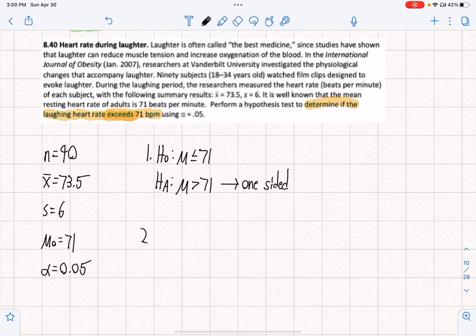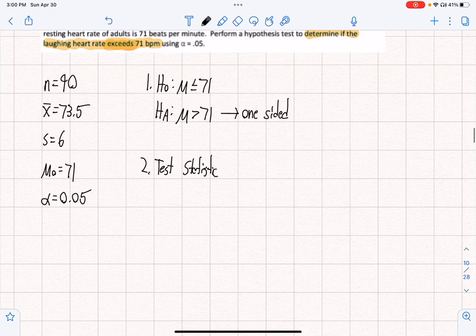Okay, 2, we calculate our test statistic. So let's recall t-stat is equal to x bar minus mu naught divided by s over root n. Okay, so we have all of these ingredients, so let's just plug them in. So x bar is 73.5.